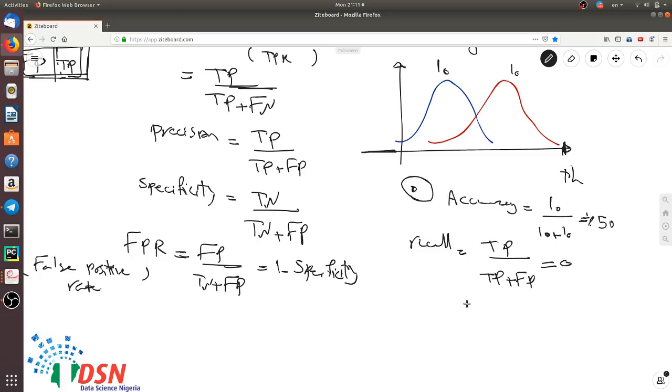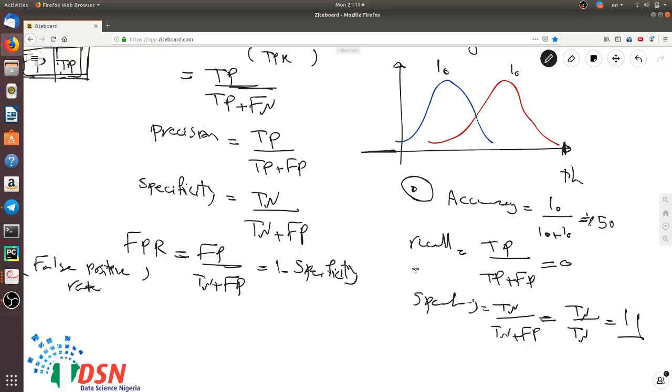But for specificity, we have true negative over true negative plus false positive. We have all the true negatives, and the false positive is 0 because we don't have any positive predictions by the classifier. So the specificity is 1.